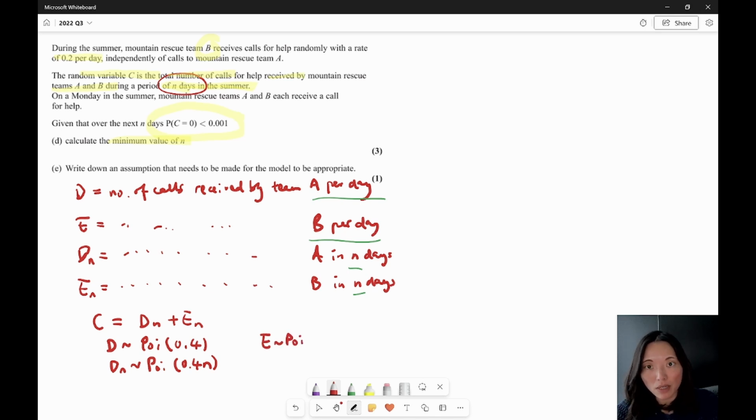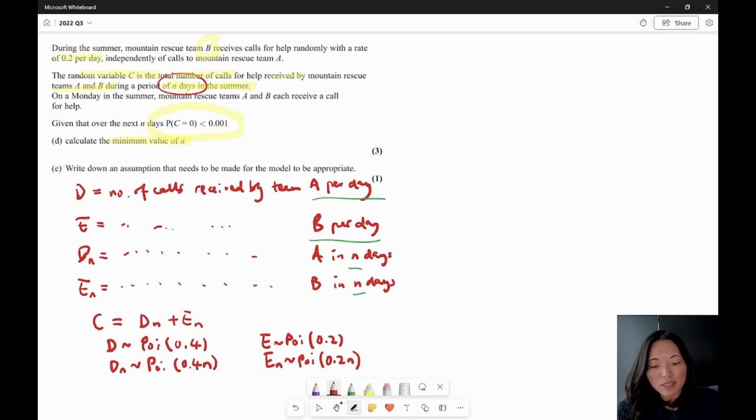So that's the number of calls received by team B per day. So it follows a Poisson distribution with mean 0.2, and over n number of days, En follows a Poisson distribution with mean 0.2n.